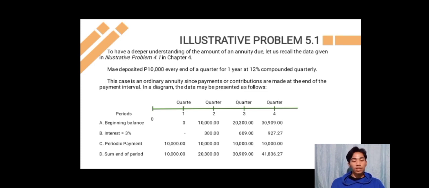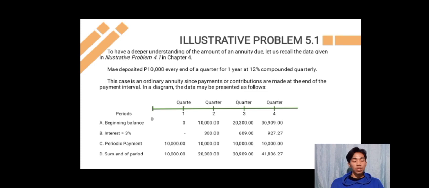So, sa second quarter, sa beginning balance niya, meron siyang 10K kasi ito yung payment niya nung last period. And ang 10K nag-earn ng interest na 3%.